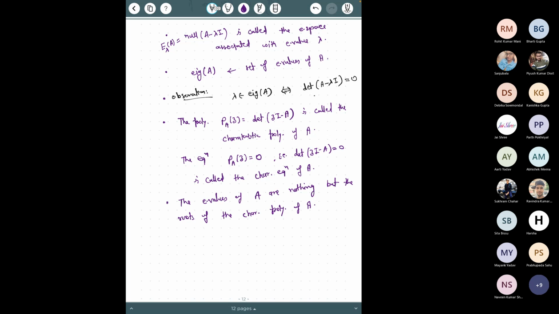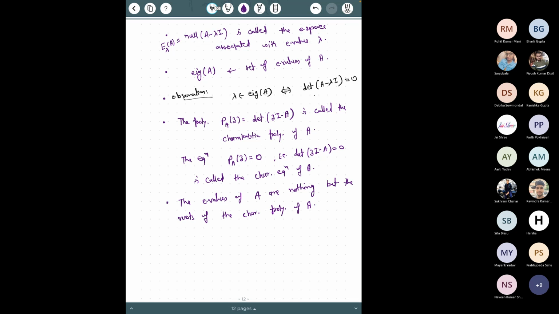So now the next question is, for a linear operator we can talk about eigenvalues and eigenvectors, and if I fix a basis, then I can talk about its matrix representation. So I have a T, and I also have the matrix of T. For T, I know eigenvalues and eigenvectors, and for the matrix of T, I also know eigenvalues and eigenvectors.